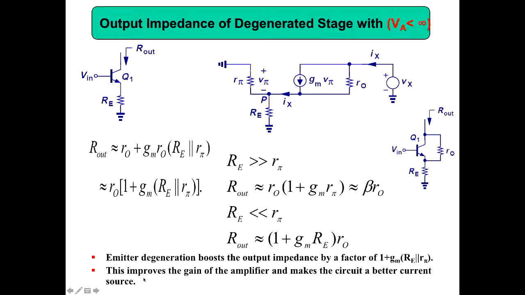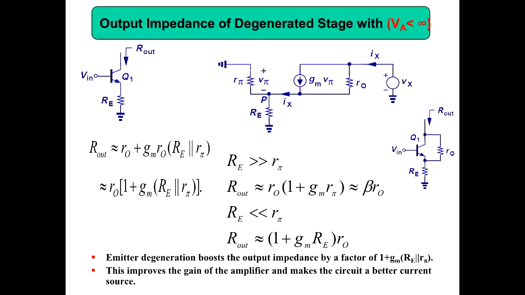So as I said, your transistor is a very good current source when the output impedance is infinity, because then you get IC-VC characteristics that are flat.